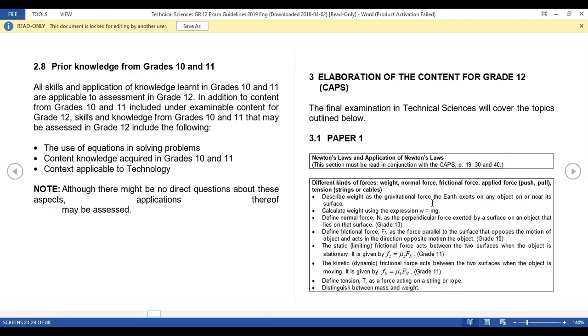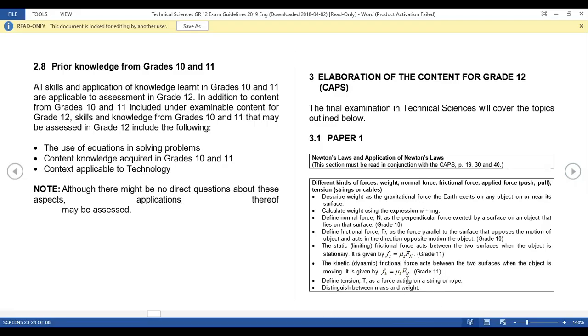as W is equal to mg, but remember you are going to get a formula sheet that says Fg is equal to mg. You must be able to define what the normal force is, be able to define what the frictional force is, be able to differentiate between static friction and kinetic friction, be able to define what tension is.